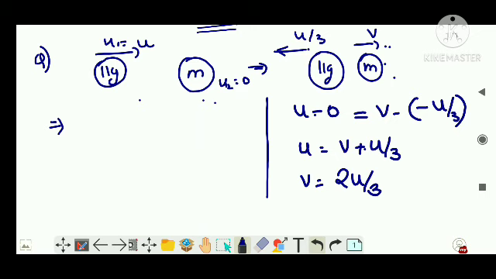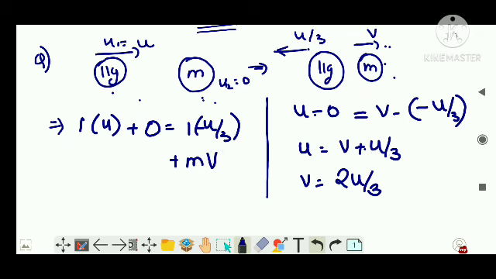Now, similarly, the second rule which you can use for elastic collision problems is the conservation of momentum. So m1 u1, that is 1 into u, plus m2 u2, which is 0 since it is at rest, is equal to m1 v1, that is 1 into minus u by 3, plus m into v2.